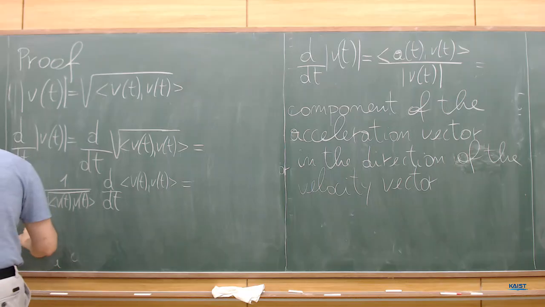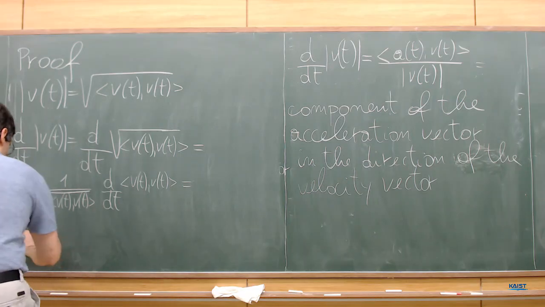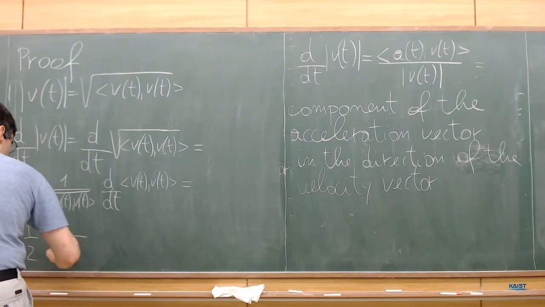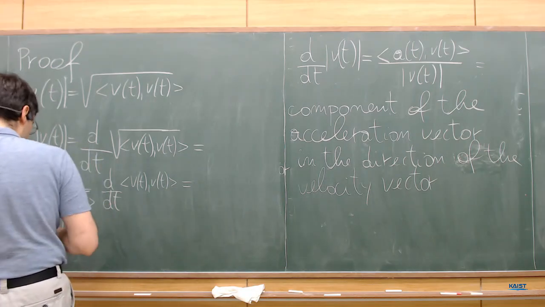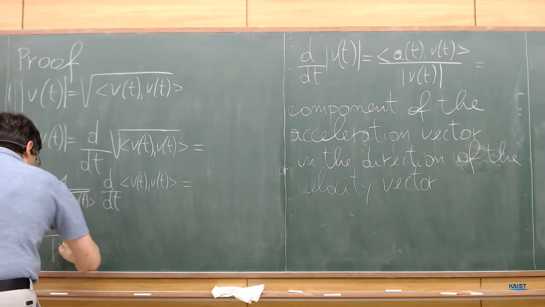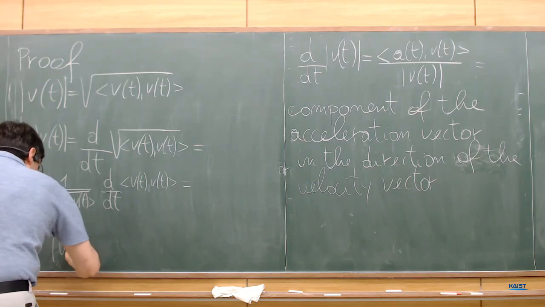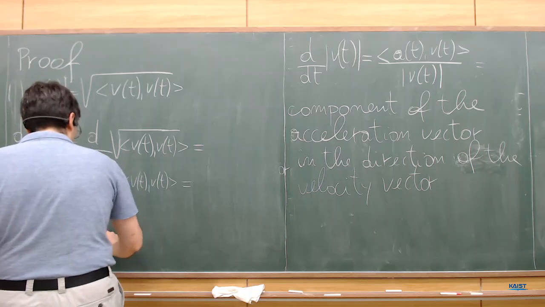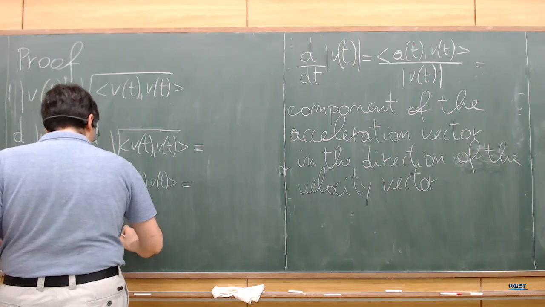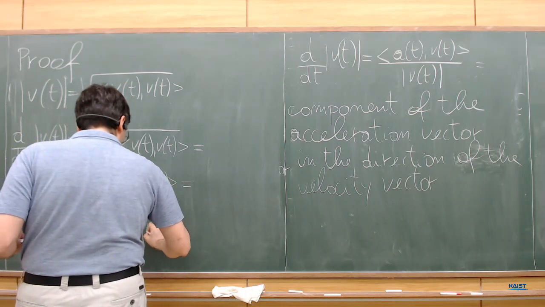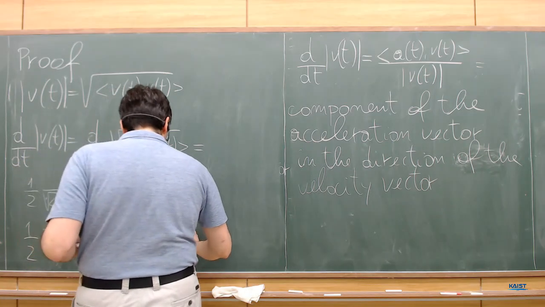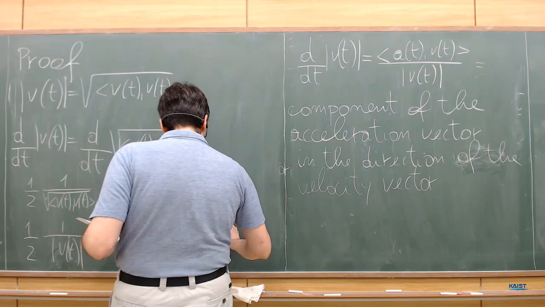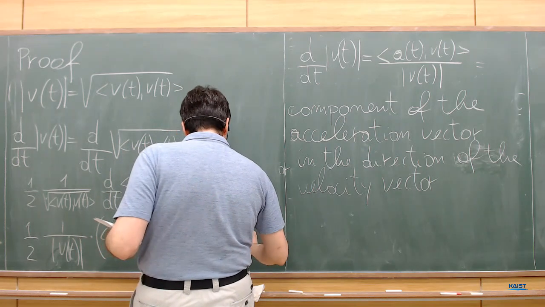This is equal to 1/2 times 1 over the length of V of t, times the inner product of V prime of t with V of t plus the inner product of V of t with V prime of t.